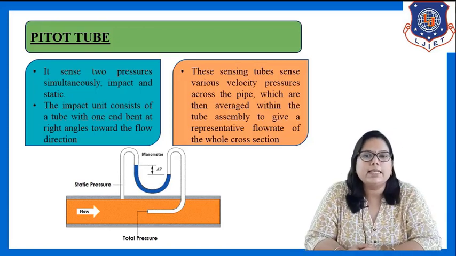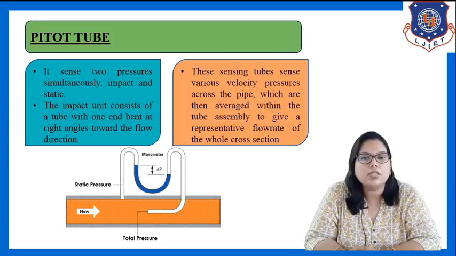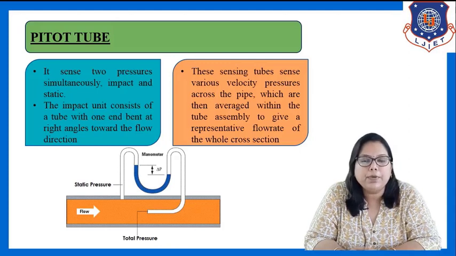And this tube senses various velocity pressures across the pipe, which are then averaged within the tube assembly to give a representative flow rate of the whole cross section. So what will happen?